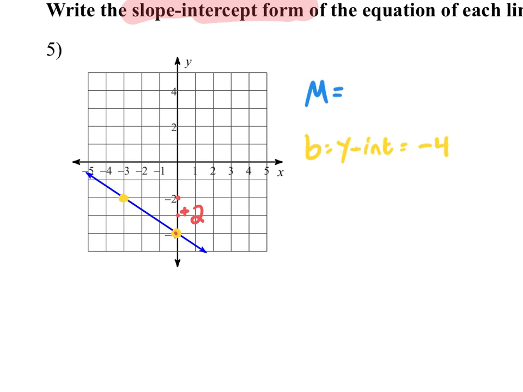My run is going to go to the left. 1, 2, 3. Well, going to the left, is that the positive direction or the negative direction? Negative. So now remember my slope is rise over run. My rise here was a +2. My run here was a -3.